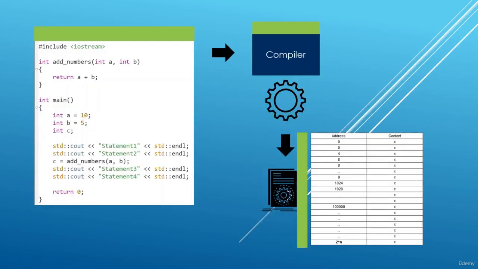Okay, so now we're going to update on the idea of the program execution model because now we know more. We know about virtual memory. Here is our C++ program. It's going to go through the compiler, and we are going to generate a binary file, which is going to be a representation of how things are going to be laid out in memory in our program.